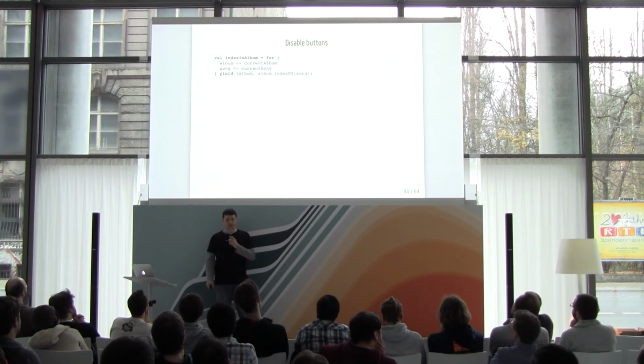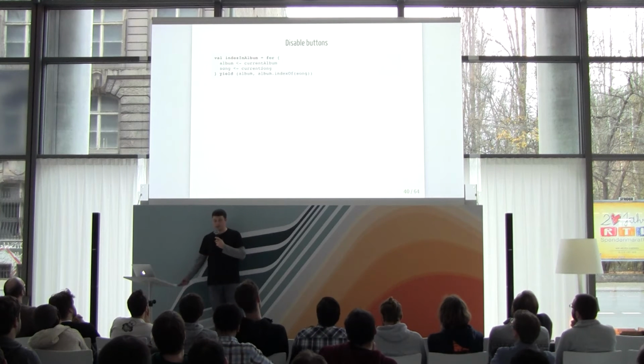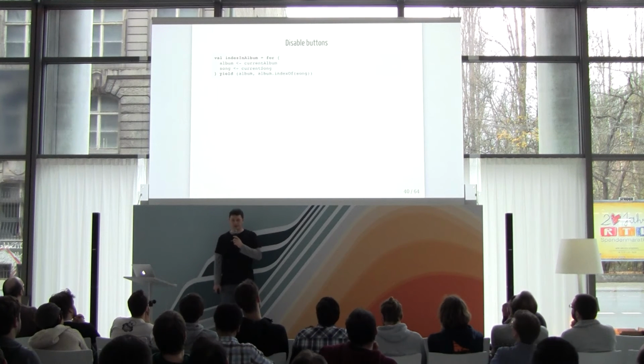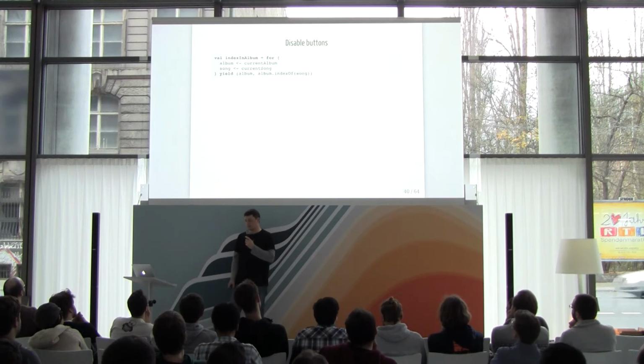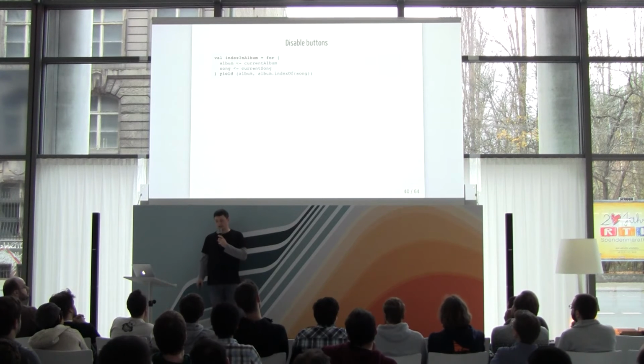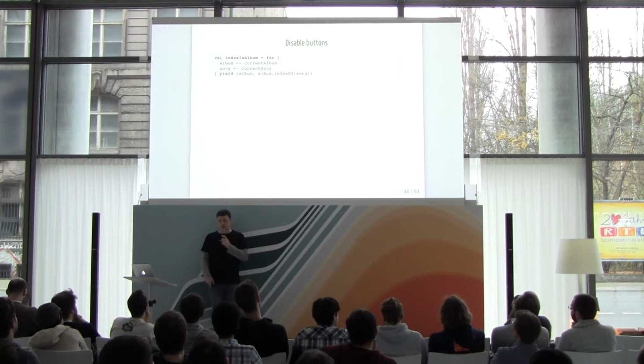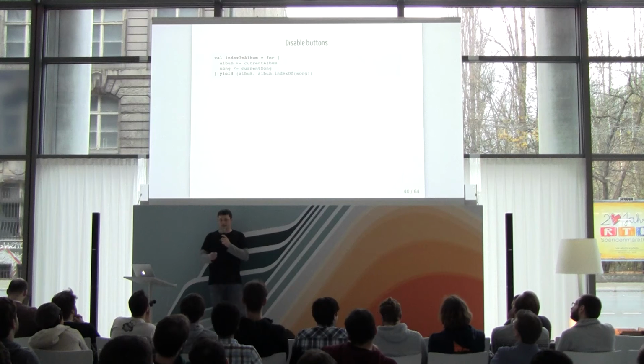We'll start by disabling the buttons. For that, we'll again create some intermediate signal. In this case, this will be indexed in an album. It takes current album, current song, and computes a pair, which is an album and index in this album. This way we can easily get current song index in an album.